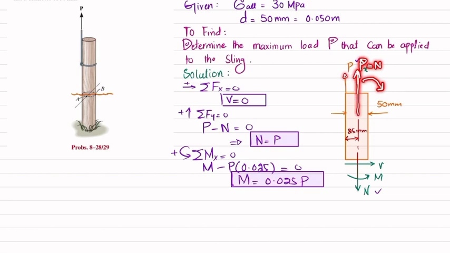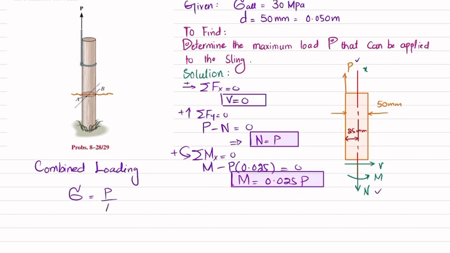Due to this normal loading, we have normal stress P divided by A, and due to this moment we will have a bending stress. So we will write combined loading, and this combined loading is equal to P divided by A plus or minus M times Y divided by I.